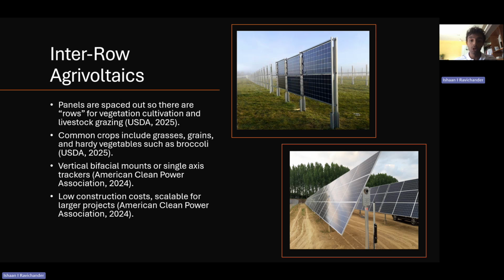So inter-row systems provide more direct sunlight for crops compared to their elevated counterparts. Rows of panels are spaced out widely so that there's room for vegetation cultivation as well as livestock grazing. These systems typically generate less energy per panel than their elevated counterparts, primarily due to being lower to the ground and as a result more susceptible to shade and less sunlight exposure in general.